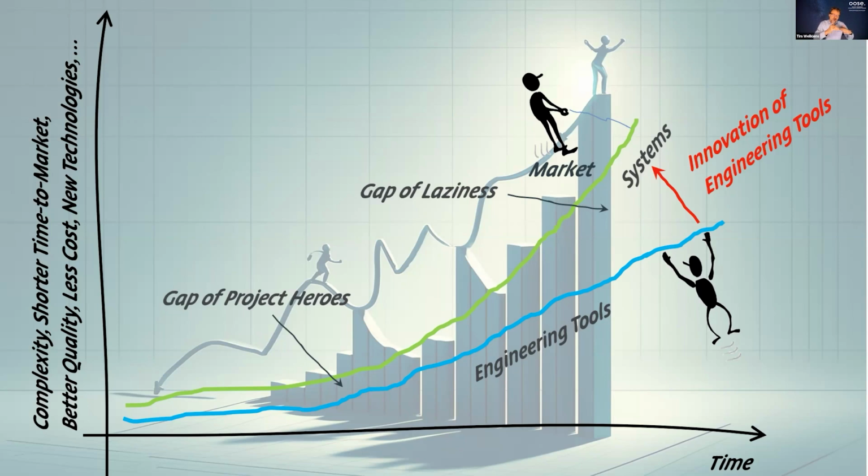That's why here the curve of our engineering tools capability is below the curve of the systems we develop. But if a company does not further develop its tools, the gap of the laziness, as it's called on the slide, will increasingly become a problem. And a tool here, by the way, stands for software applications, but also for methods and other things. So it's not only the software application part.